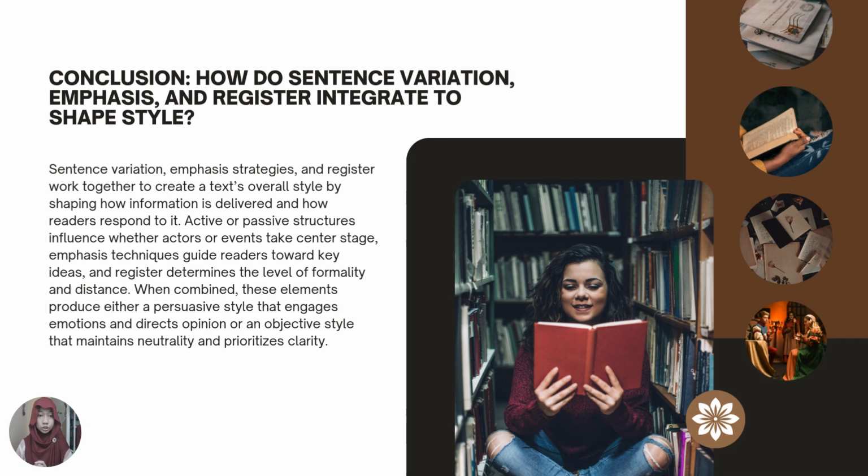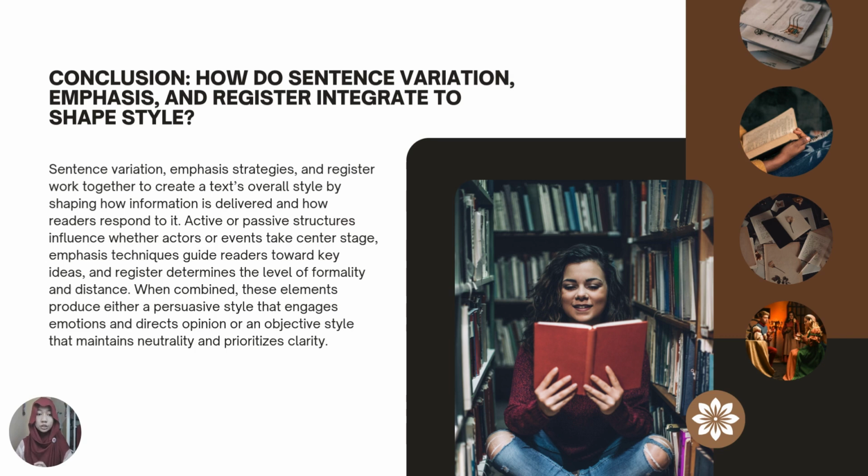Now, in the conclusion, how do sentence variation, emphasis, and register integrate to shape style? Sentence variation, emphasis strategies, and register work together to create a text's overall style by shaping how information is delivered and how readers respond to it.